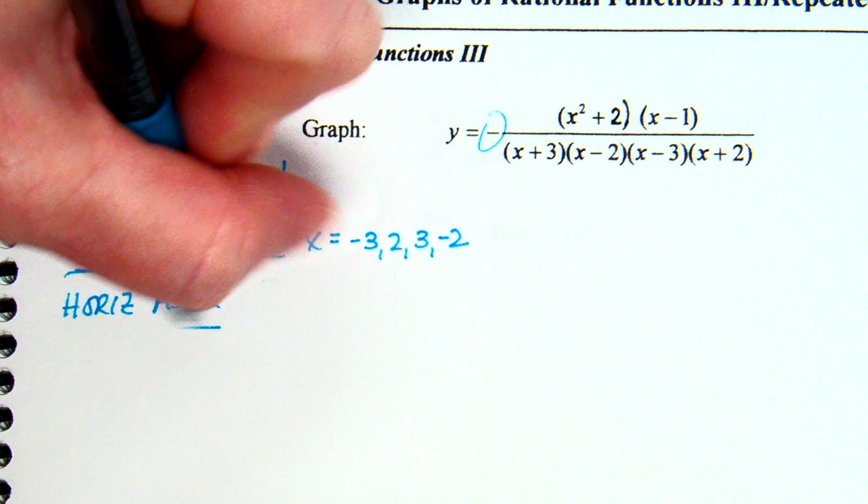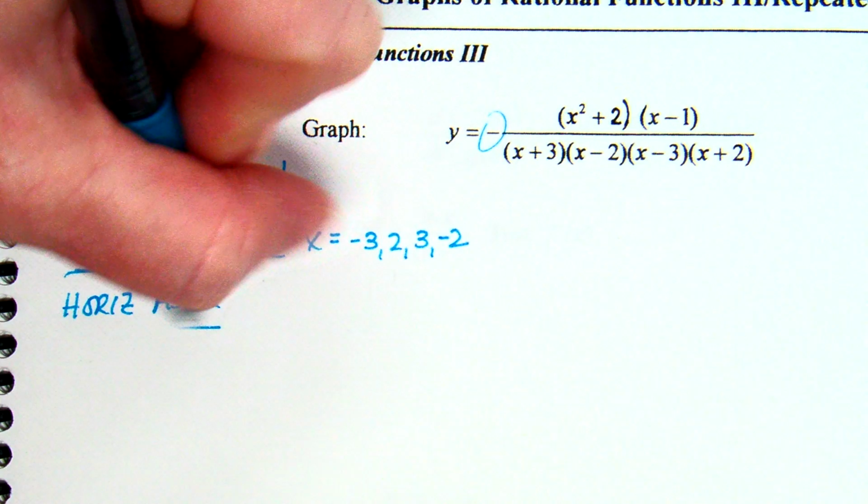How do we decide horizontal asymptotes? Okay. If it was multiplied out, we'd look at the highest power, yes? Since it's not multiplied out, we kind of need to figure out what are the powers. So I hear on top there's x cubed, because there's x squared times x, which makes it x cubed.